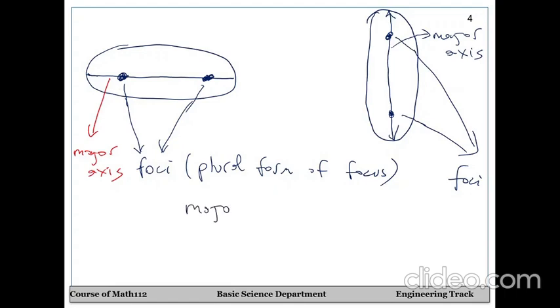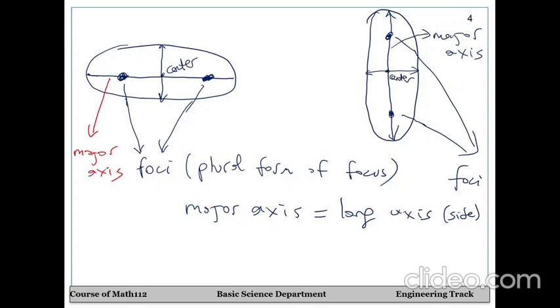When we say major axis, we always mean the long one, the long axis or long side. Now here there will be the center of it. So let's say this is the center, just at the middle of both.